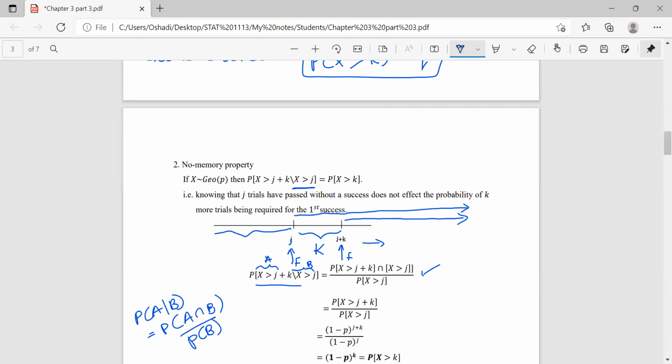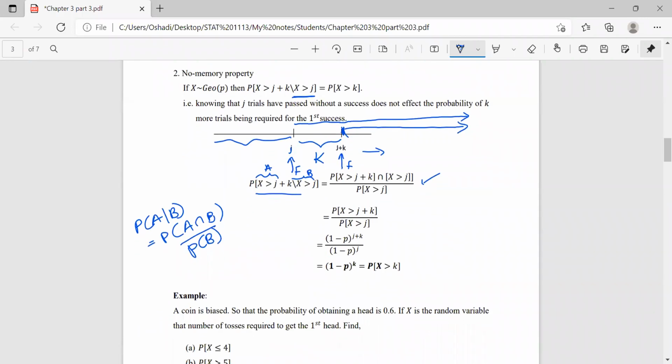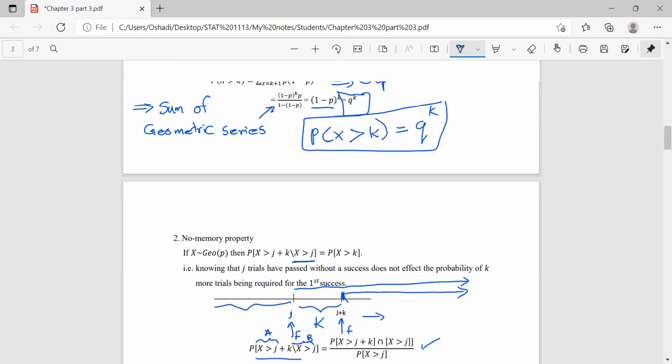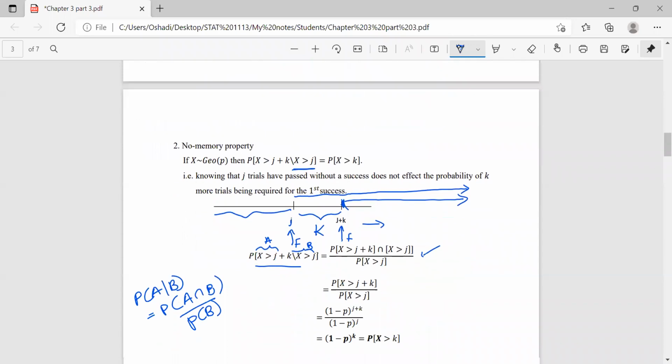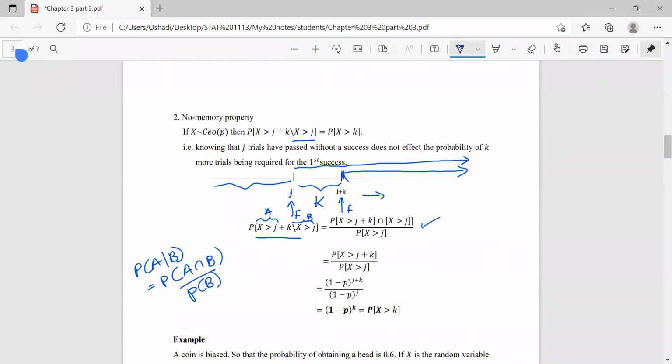So the intersection is here, this one: the probability X greater than J plus K. So I think it's clear, we are taking the intersection. Then the probability X greater than J plus K, using the first result, we can write it as (1 minus p) to the power J plus K.